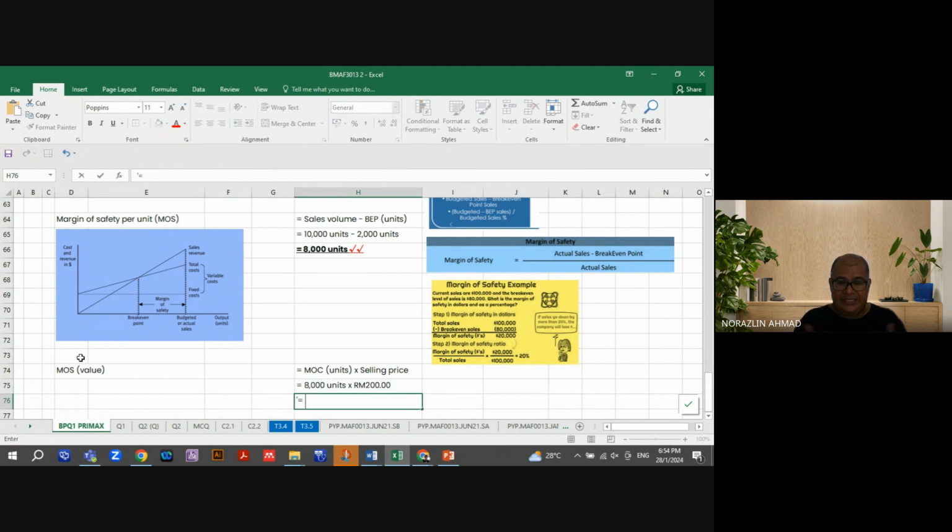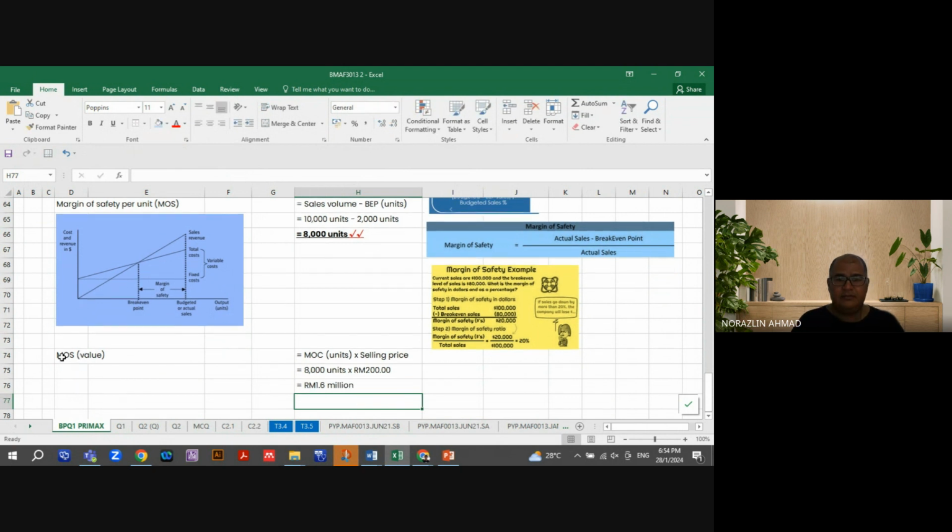The sales difference between break-even point and actual sales is RM 1.6 million. You will get 2 marks here, 4 marks altogether.